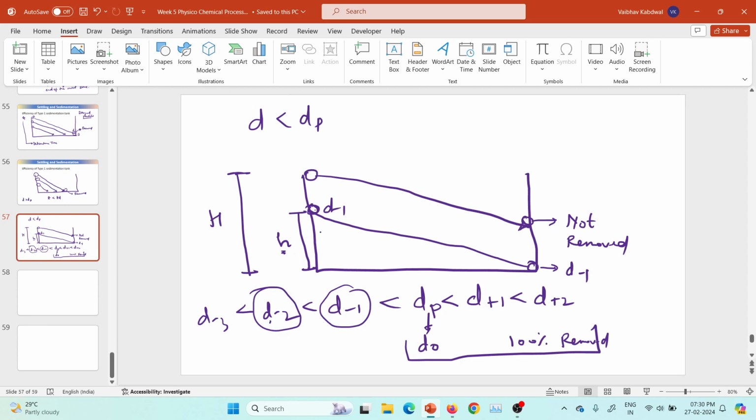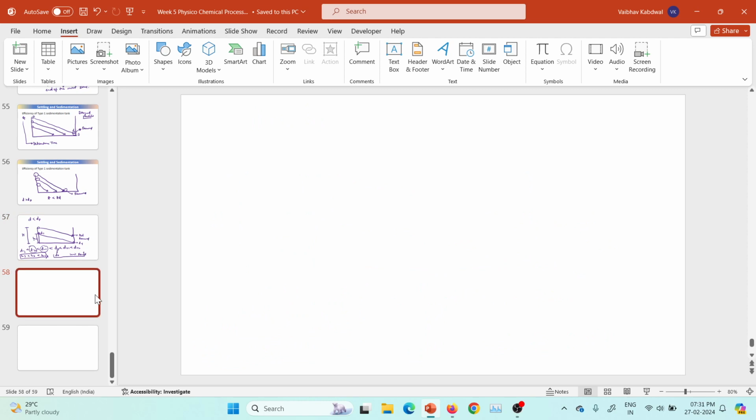If it is small, the height will be less. So for this, the height is h minus 1, then h minus 2 and h minus 3. Understood? This is not our concern now, I am telling this just for understanding. Now we need to calculate how much is the efficiency of a sedimentation tank in this scenario.